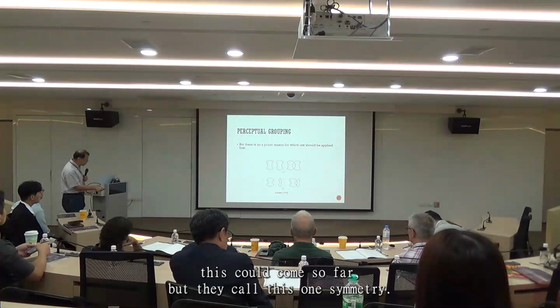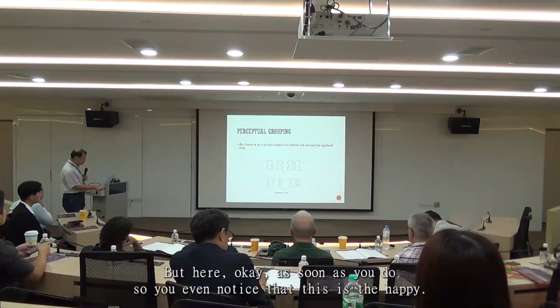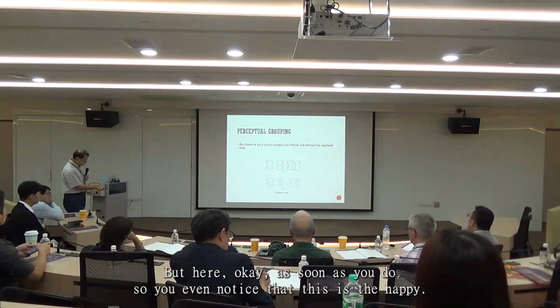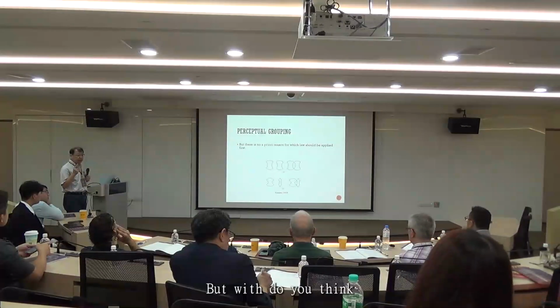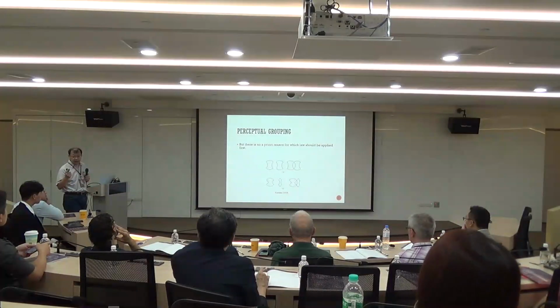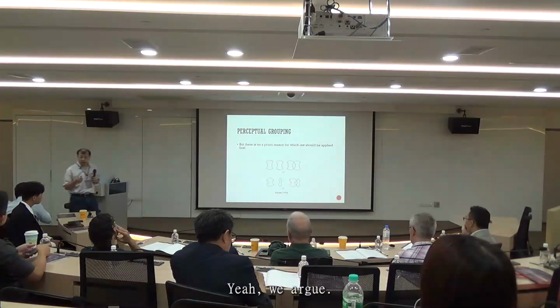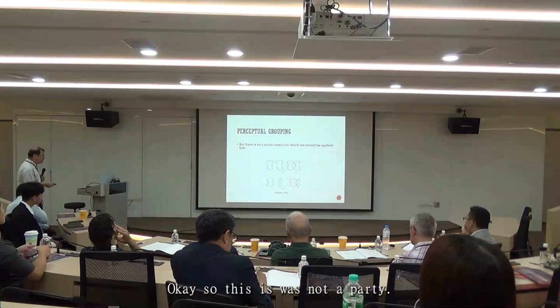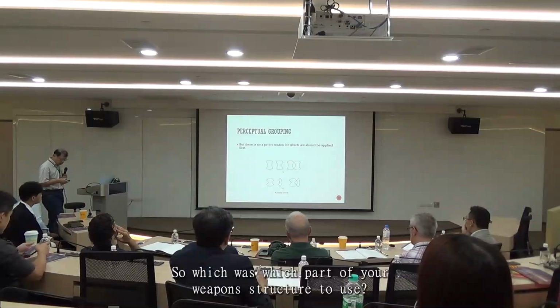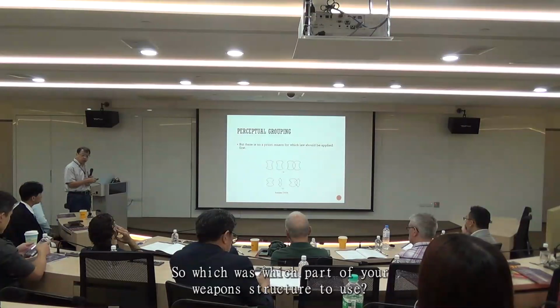But then how about the next one? Symmetry. But here again, the symmetry disappeared. And notice that there's not even good continuity. Okay, so this kind of grouping is tricky. You have no idea what's going on here. Okay, so there is no principled approach to which rule should be used.